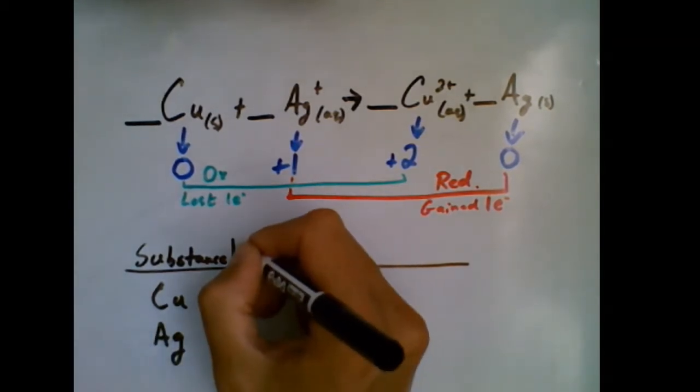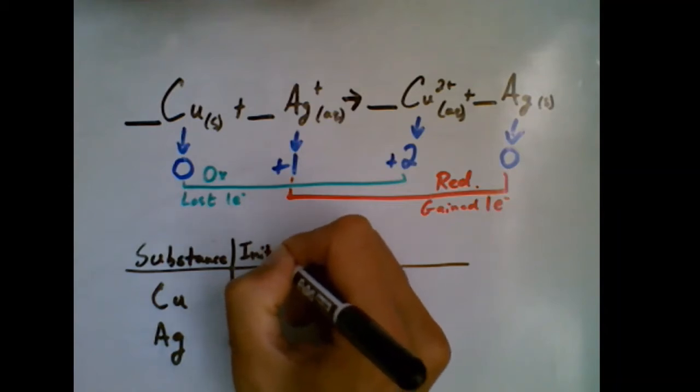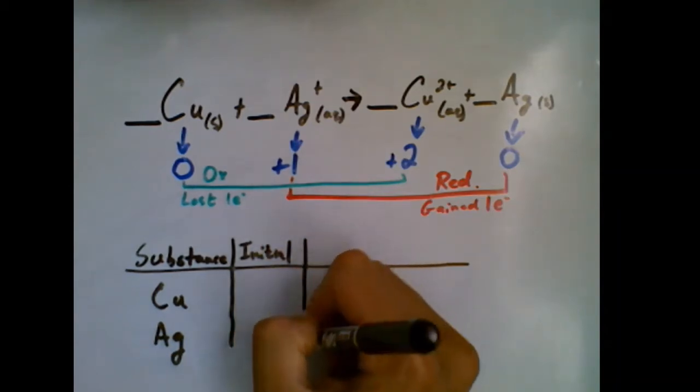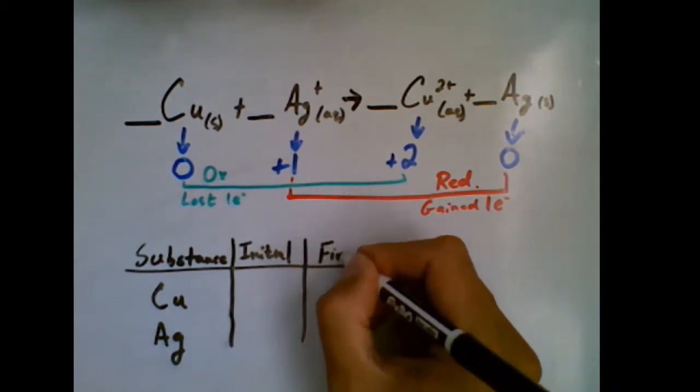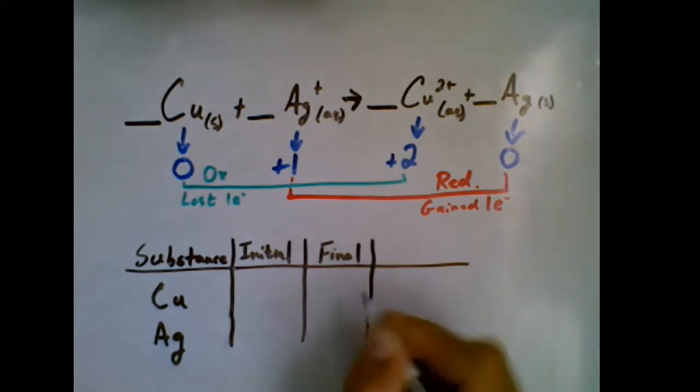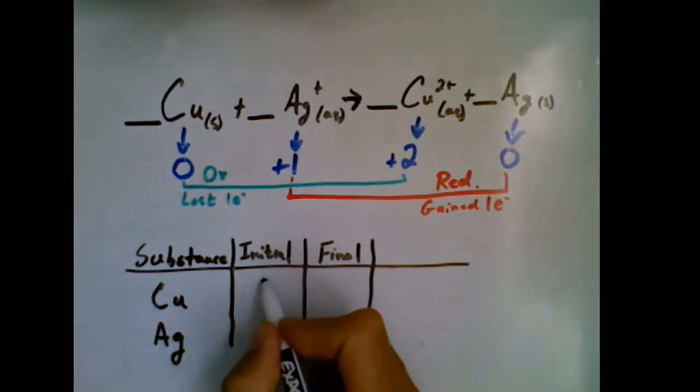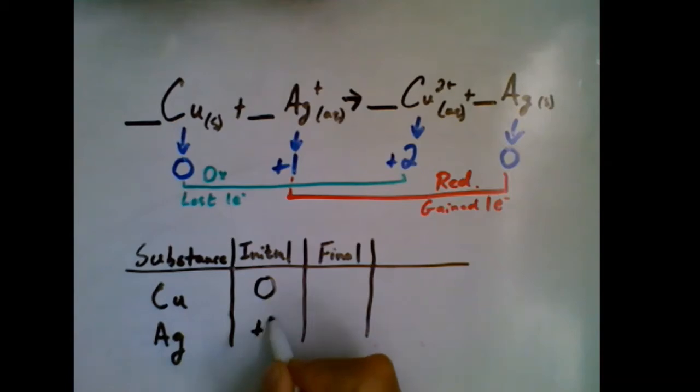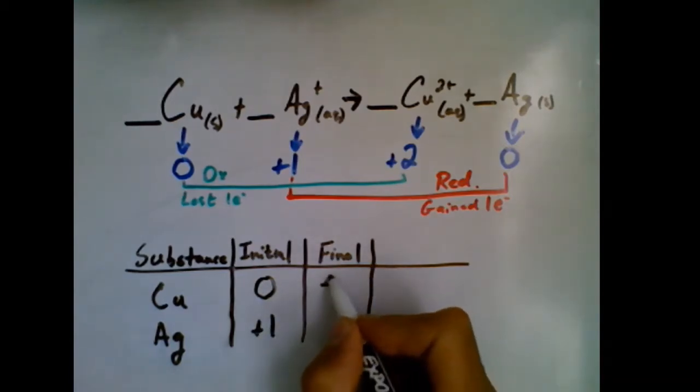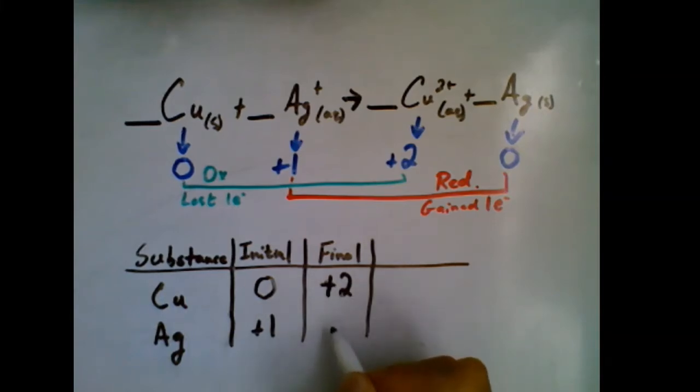We want to figure out what is the initial oxidation number. What is the final oxidation number? So in the case of copper, its initial oxidation number was 0, whereas silver, +1. Final oxidation number for copper was +2, whereas the silver was 0.